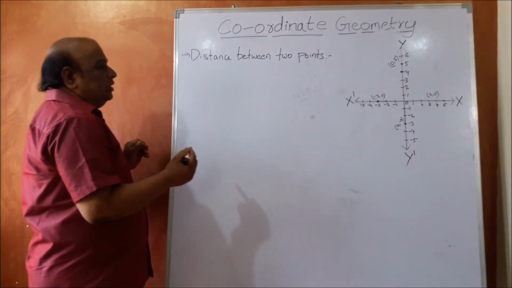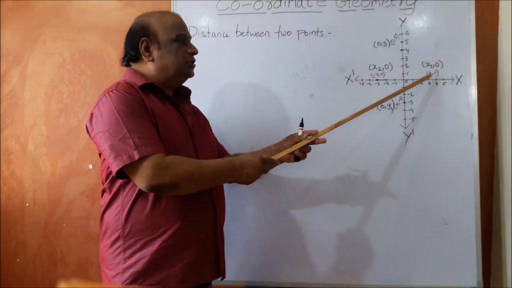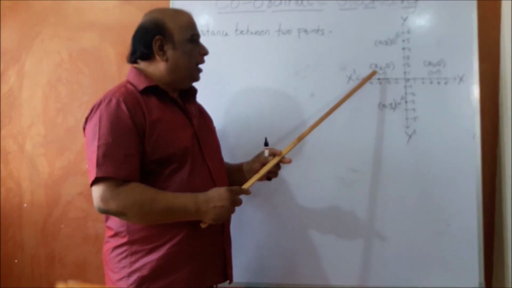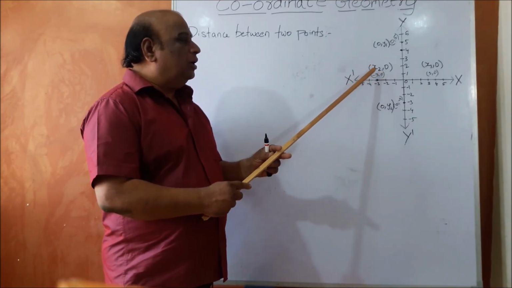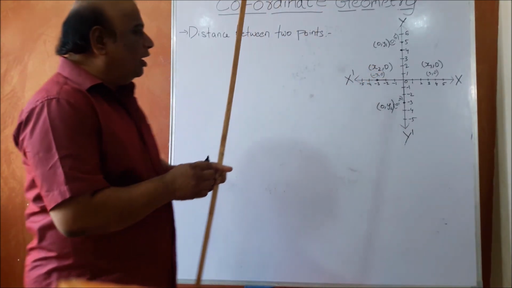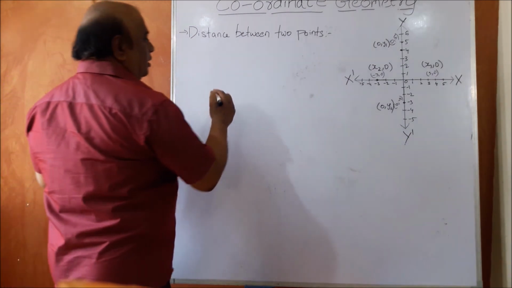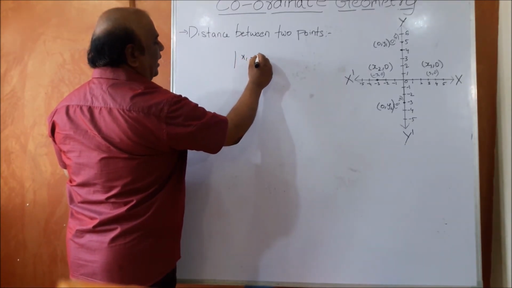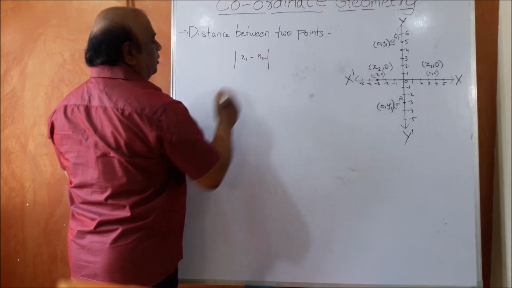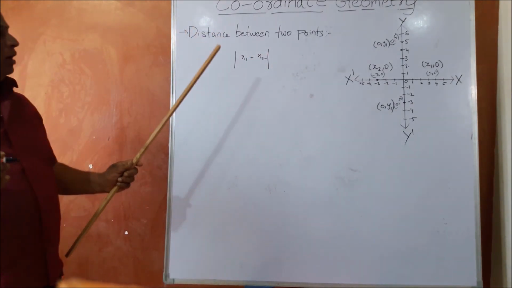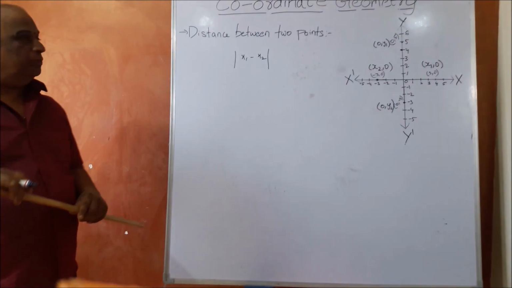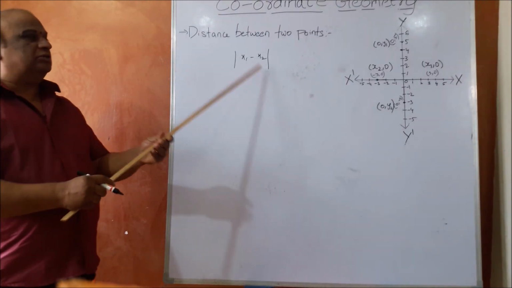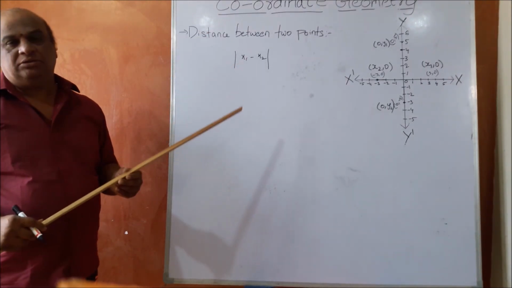What is that? Now consider 3 as x1 and minus 3 as x2. The formula is modulus of x1 minus x2. What is the meaning of modulus of x1 minus x2?